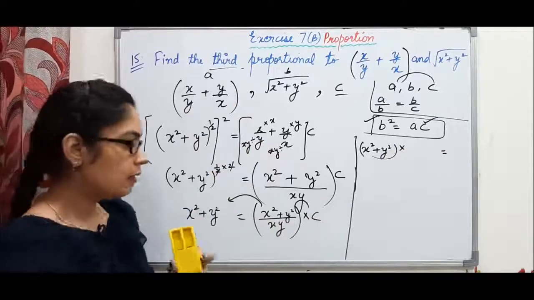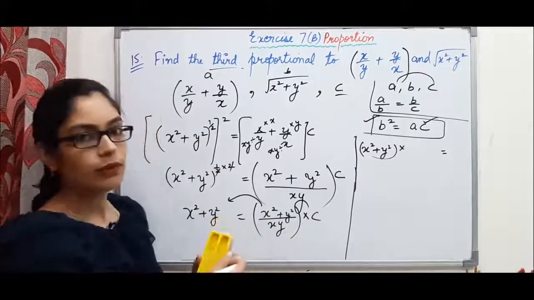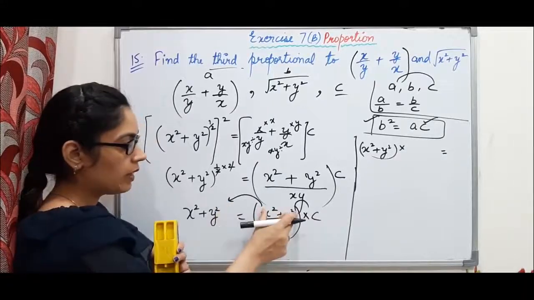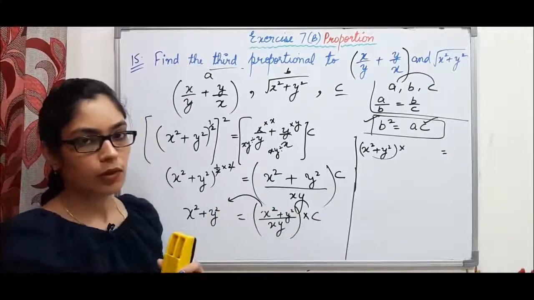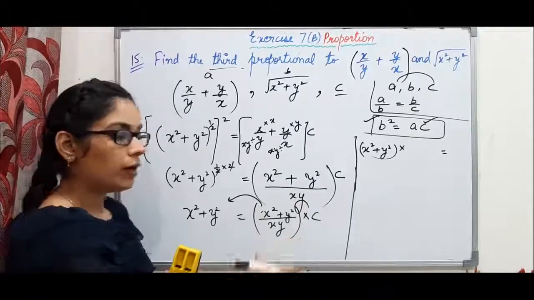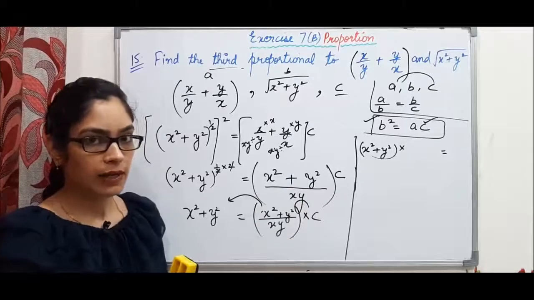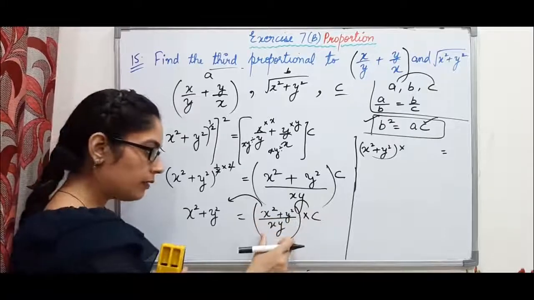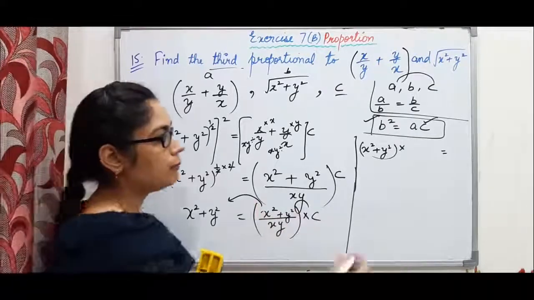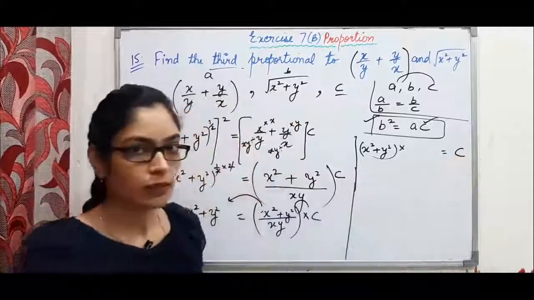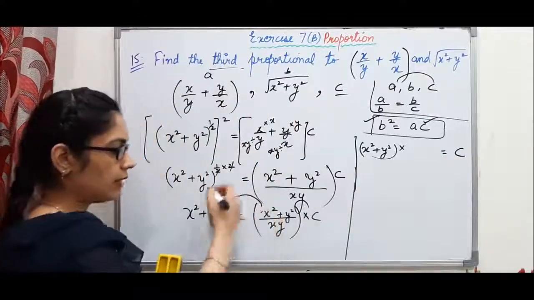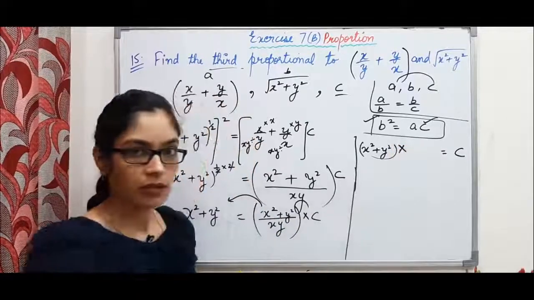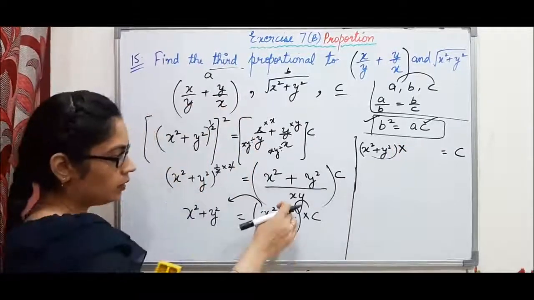There are two ways. First, if you want, you can shift them separately, like a cross multiplication. But in one go you can shift the whole fraction. This fraction is getting multiplied by c, and we need to find the value of c, so that is why we shift this fraction to the other side. Write the sign of multiplication on the other side also.